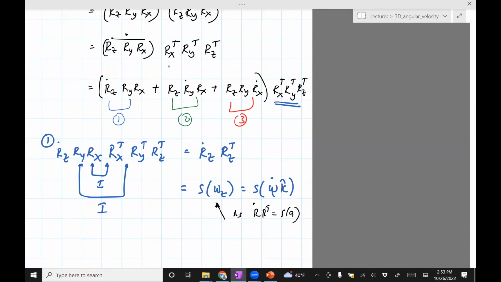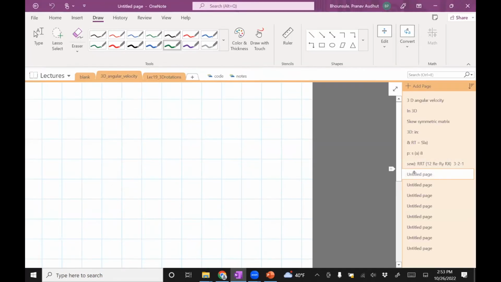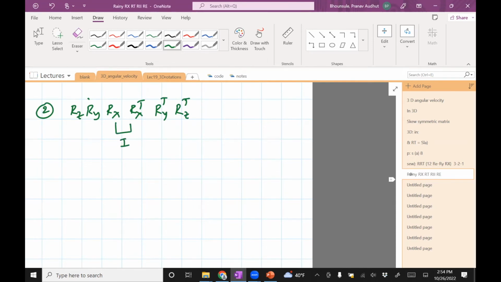Okay, so we have, number 2, RZ RY dot RX. And then I need to also multiply it with this term which is left over: RX transpose RY transpose RZ transpose. The first thing you notice is that RX RX transpose is I. And so this would simplify to RZ RY dot RY transpose RZ transpose.